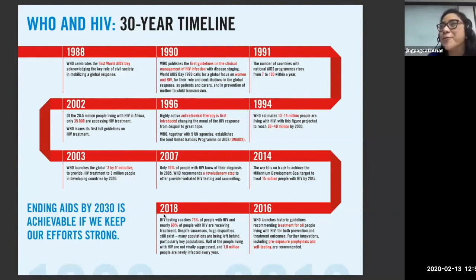So the stand for us is still not to breastfeed, even if the viral load is very low, and adopt the AFASS measures.